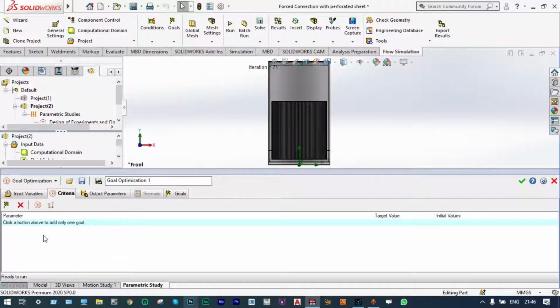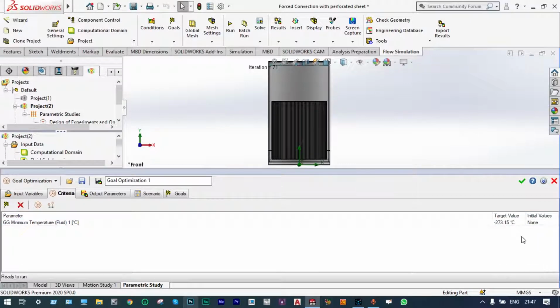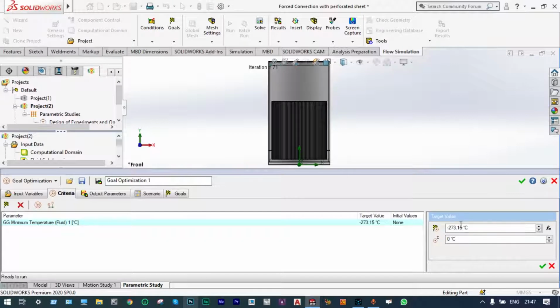It is dependent on goal. Goal is minimum temperature of fluid. Now we have to provide the target value. The target value should be 10 degrees centigrade, and we want to achieve this target with a variation of plus minus 0.1 degrees centigrade. We'll check.